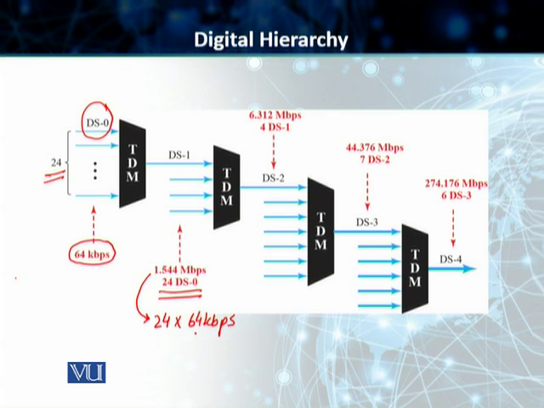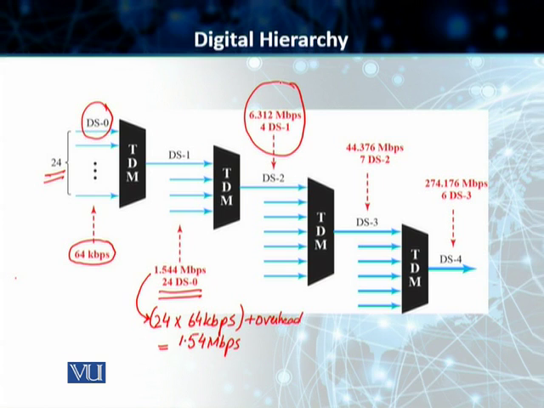This 64 kbps is our 24 DS0s. So DS0 has got its 64 kbps channel, so we multiply that and then we add some overhead. When you are combining DS0 channels, there is some overhead and you end up with a single DS1 which is 1.54 megabits per second.